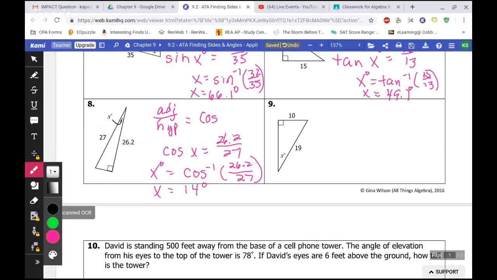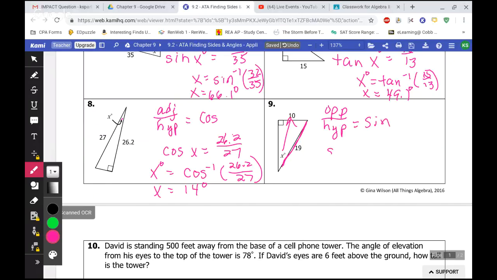Good job. Okay, on this one, we're dealing with opposite over hypotenuse. Opposite, and then this is the hypotenuse. So sine. Good job.